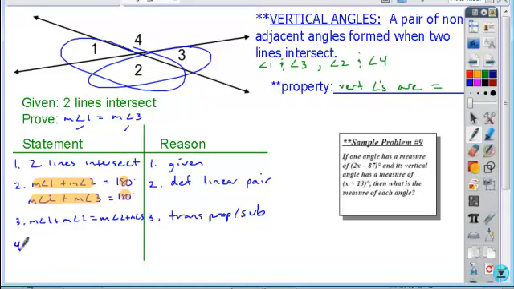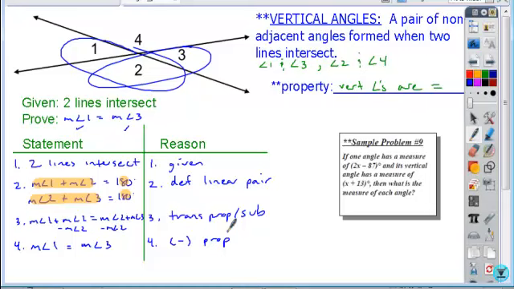What's the last thing we need to do to both sides of the equation to be left with our end state? Subtract the same value from both sides, and that leaves us, measure of angle 1 is equal to measure of angle 3, and the process we used was subtraction property.